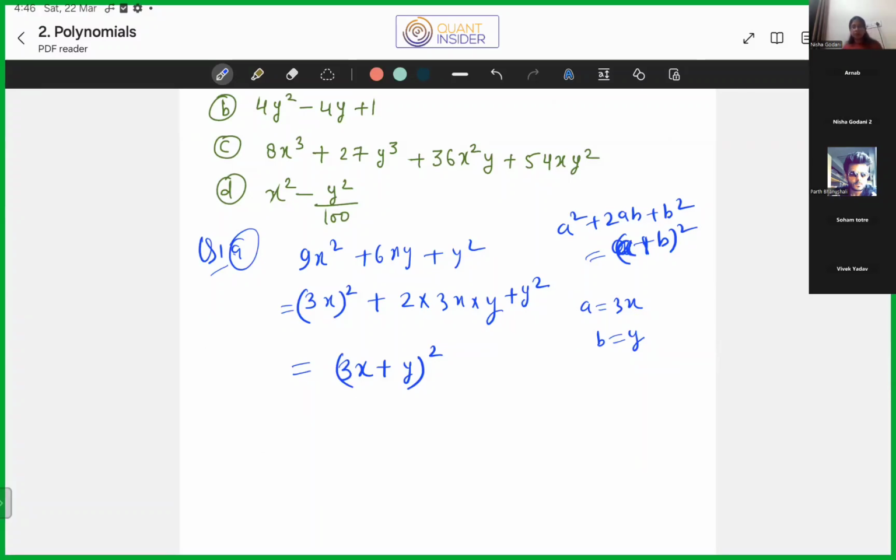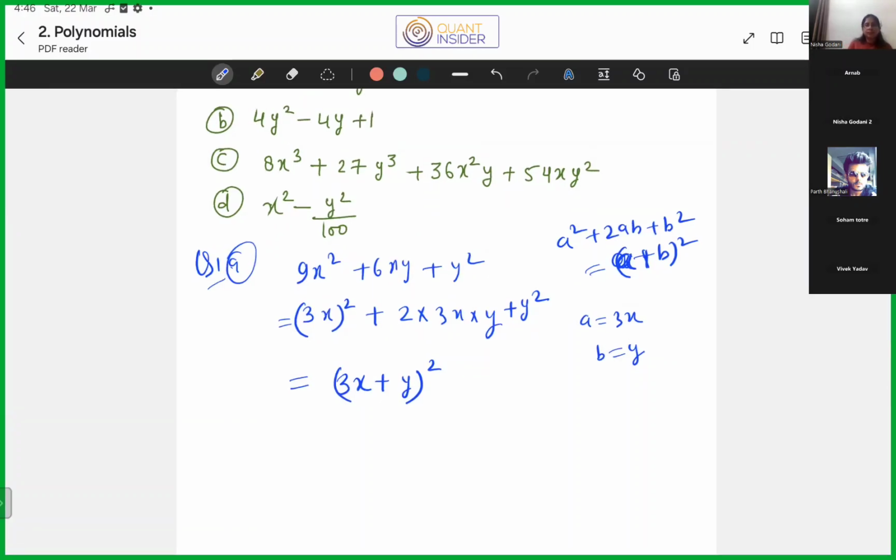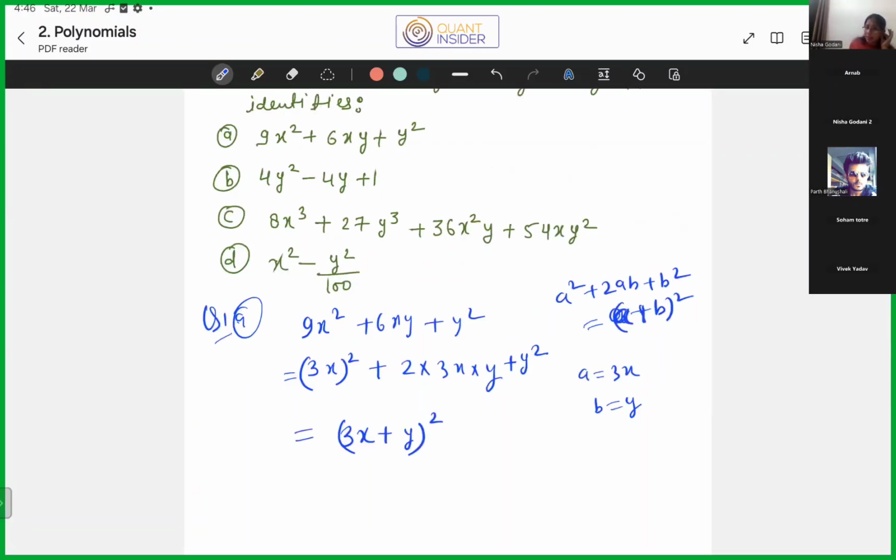Now can you try the b part? Can you tell me the answer of this b part? I'll write the answer directly. If you tell me, then I'll not solve it. Are you trying? The first term can be written as what? It is the whole square of what?